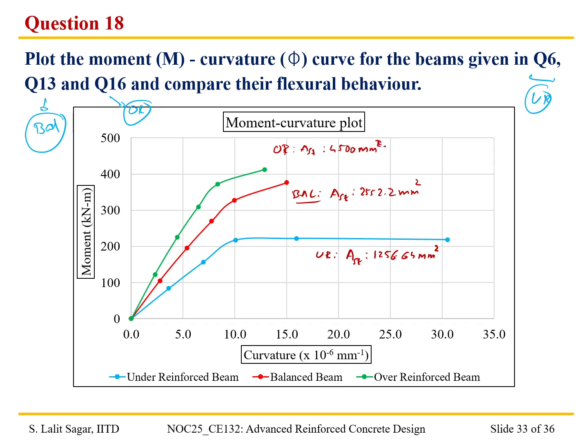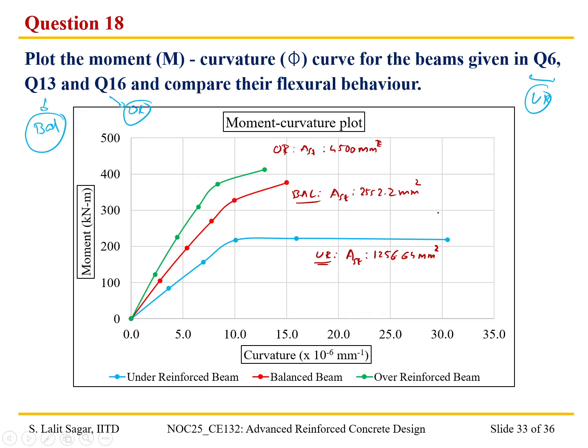So what we can make out from the moment curvature plot is that when the beam is under reinforced, the moment capacity is not significant, but it is able to achieve a very high curvature. If we take the value of ductility, so ductility is the ratio of the peak curvature to the curvature at which the beam is considered to yield, and the value of curvature ductility is about 30/10.